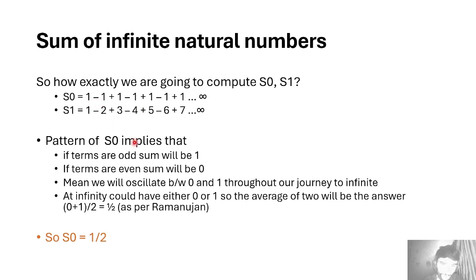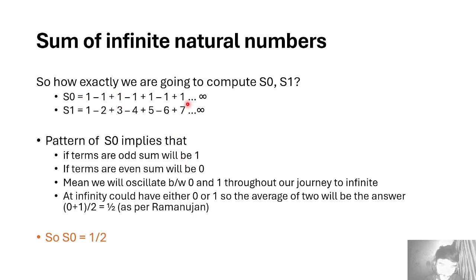And if you have an odd number of terms in the series, then the sum will be 1 instead of 0. For example, for the sum of the first three terms, the first two terms will cancel out and you will have only 1.